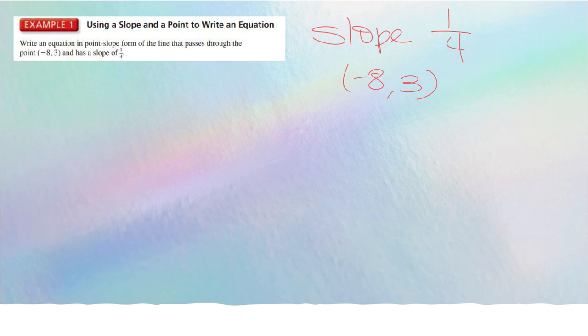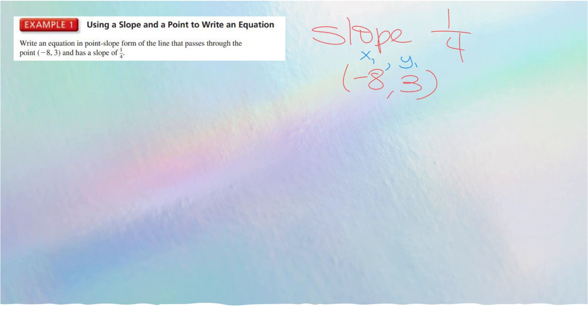How many points were we given? 1 or 2 points? 1. So therefore, that's going to be x1 and y1. Correct? What is the slope? Now, 1/4. And our point is what? -8, 3, and those are the first points we were given.